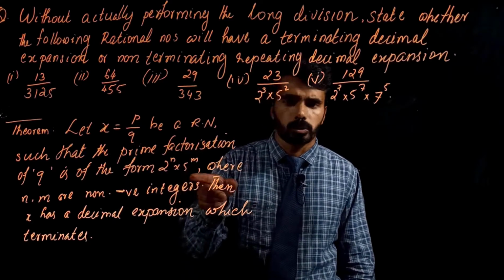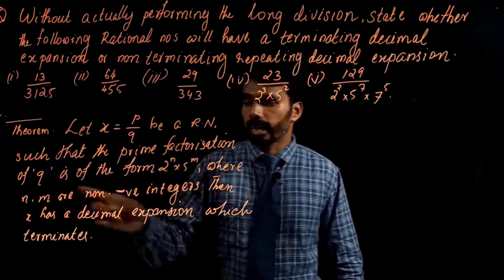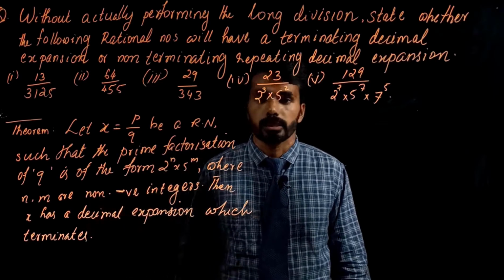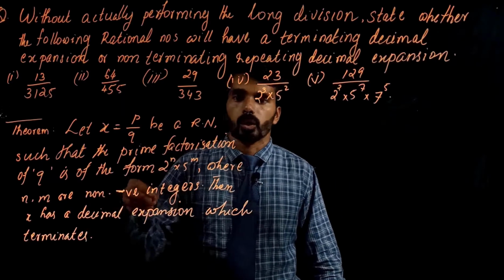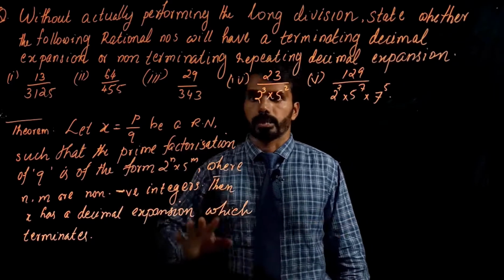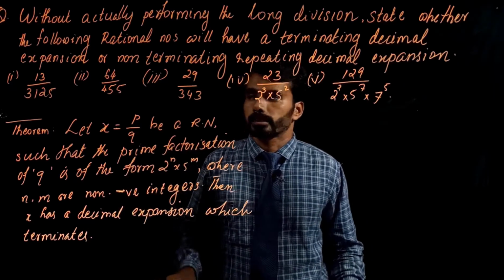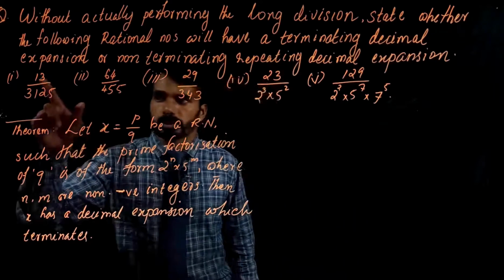Here we have to underline that n and m are non-negative integers, meaning either 0 or 1, 2, 3, etc. Non-negative.